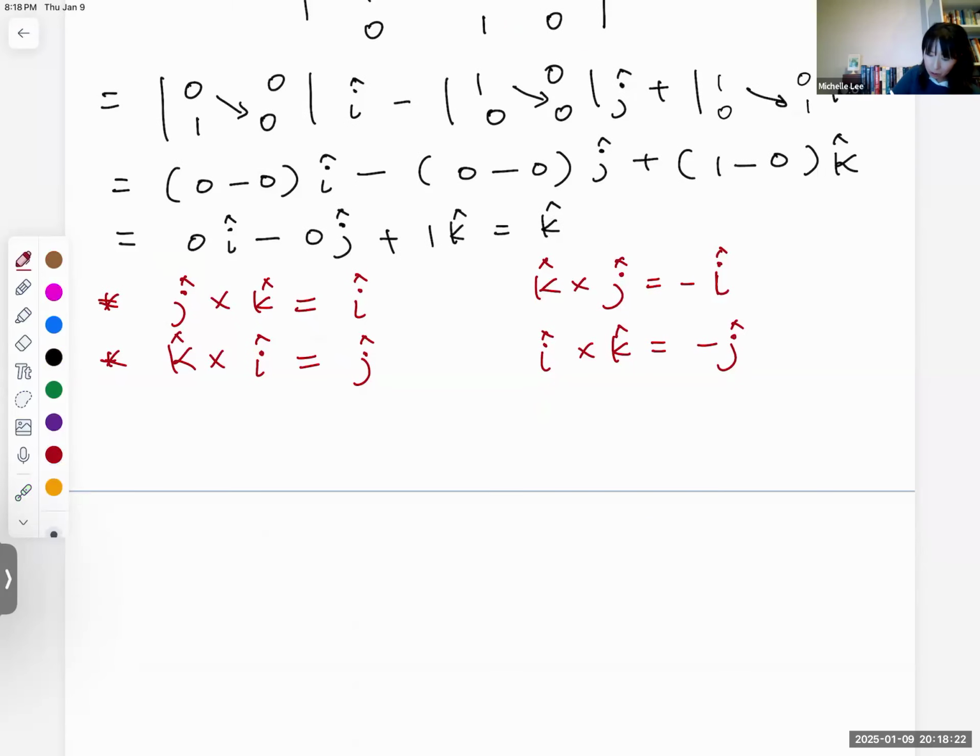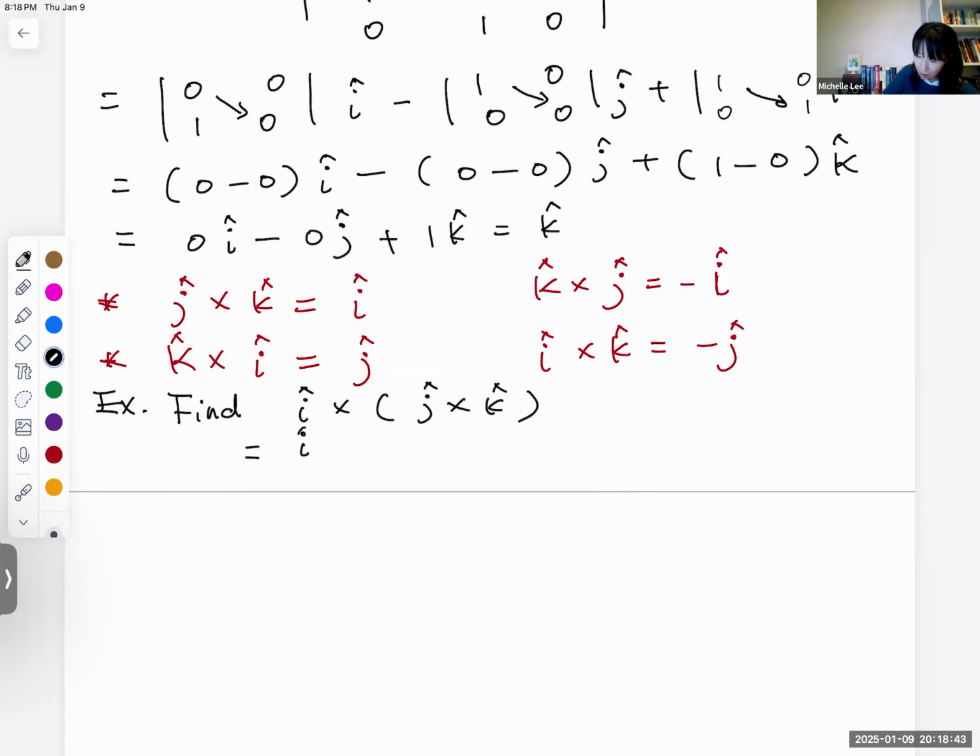Okay, now, how about this? Let's make a quick one here. Find I cross product with J cross product with K. Okay, now always we have to simplify inside the parentheses.